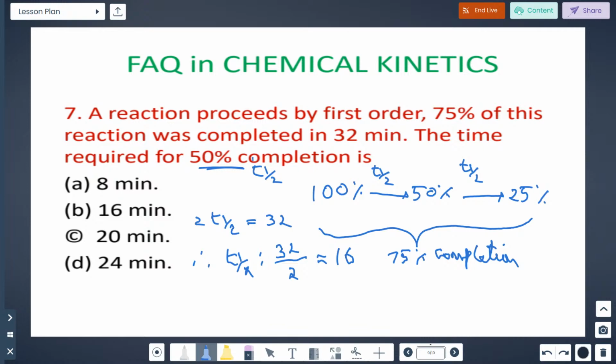When the substance comes from 100 to 25, 75% is completion. Therefore 75% completion is nothing but 2 half-life periods. So 2 half-life periods is equal to 32 minutes, therefore 1 half-life period is 32 by 2. So we get 16. B is the correct option.